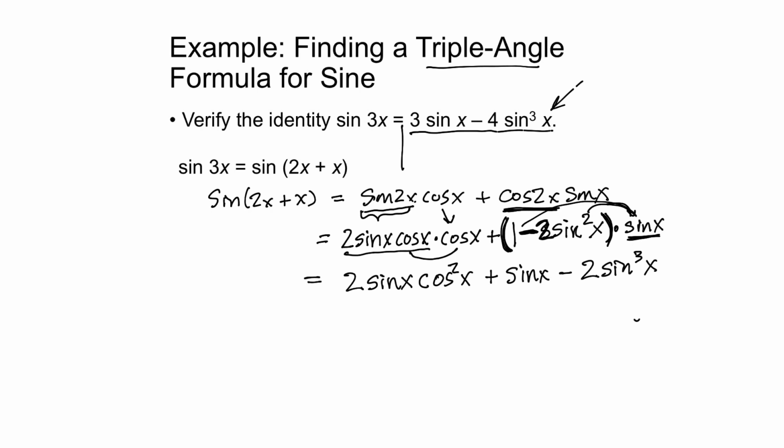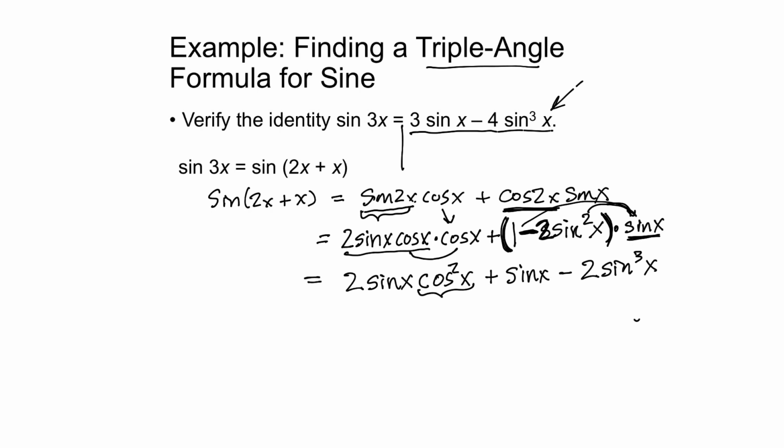A sine cubed x. Now, the one thing that I want to be able to get rid of, if I can, or rewrite, is this cosine squared x. I don't want a cosine in my final statement, my final identity here.